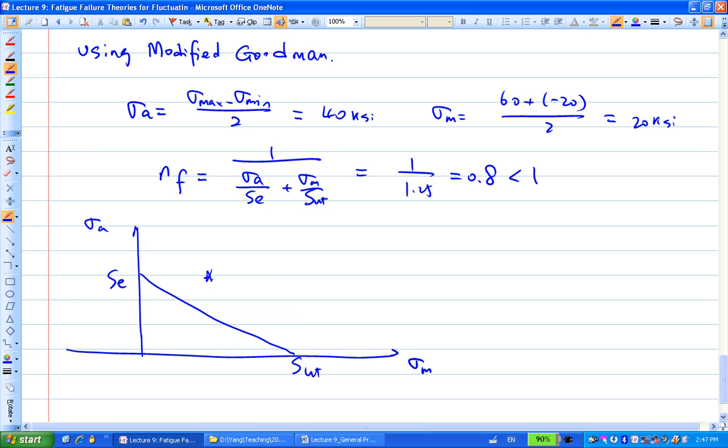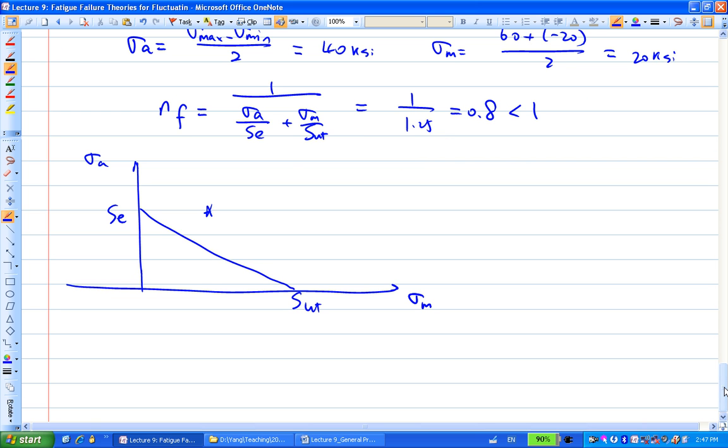If I needed to calculate the N, recall that the way to calculate the number of cycles to fail under completely reversed stress is sigma A over A, to the power of 1 over B, right?